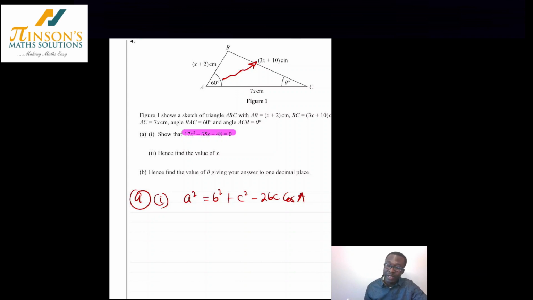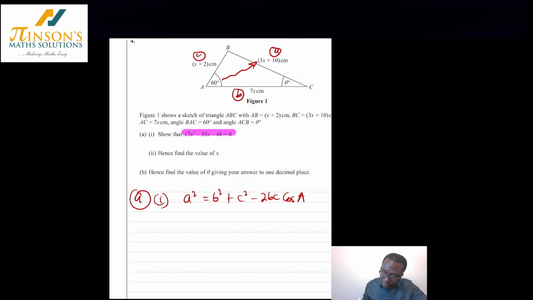So the angle A is 60. The side facing our angle A is small a. B we've been given as well, so we might as well keep it. So that's B there, and then this side should be C because it's facing this angle C. So we're just filling in the bits we know.